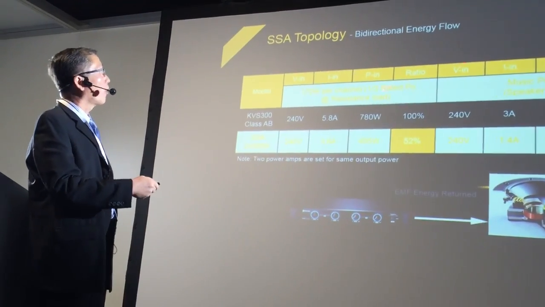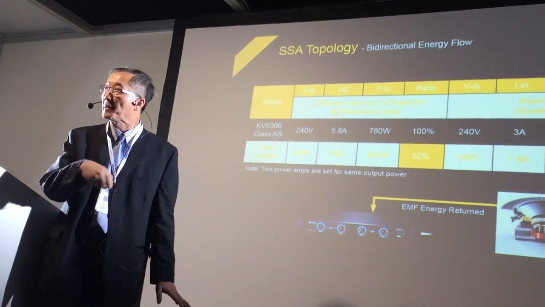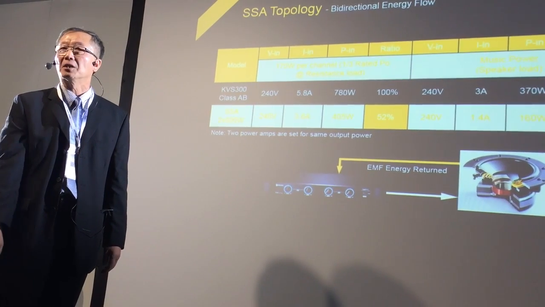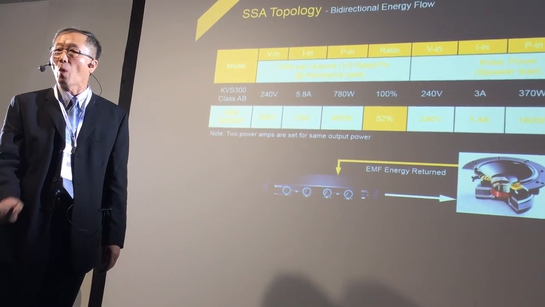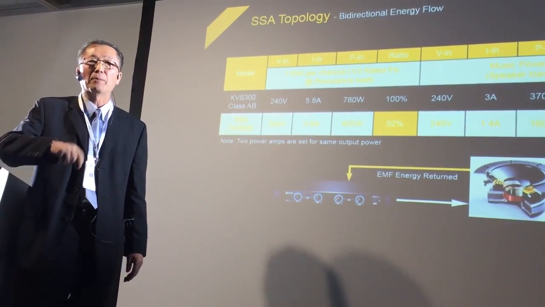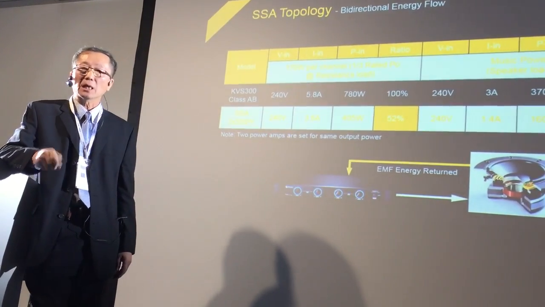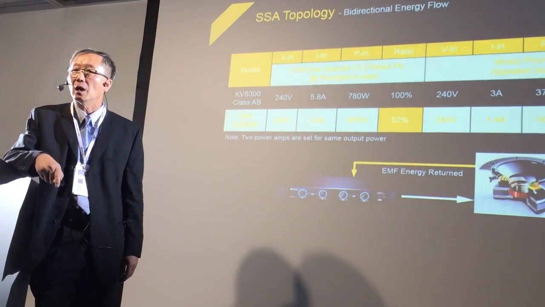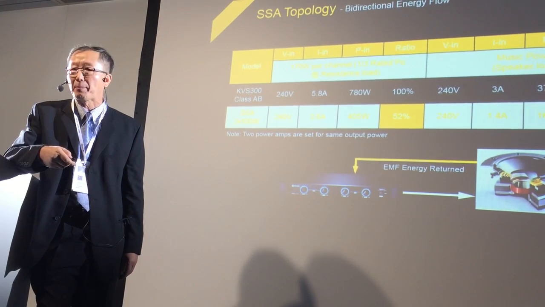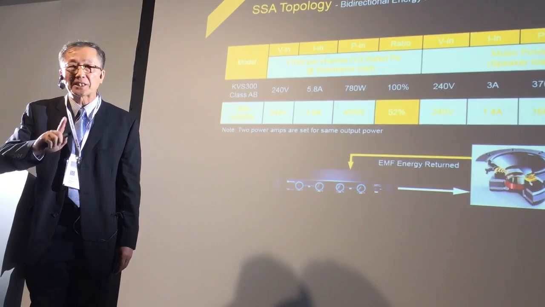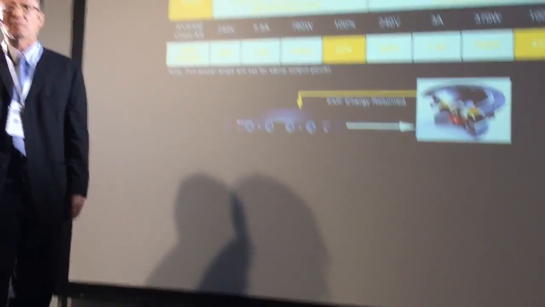Here's an important aspect. I want to repeat this again. The bidirectional energy flow. Why important? Why are people not addressing this? For example, the class AB and class A amplifiers commonly used for audiophile applications are all single directional energy flow.